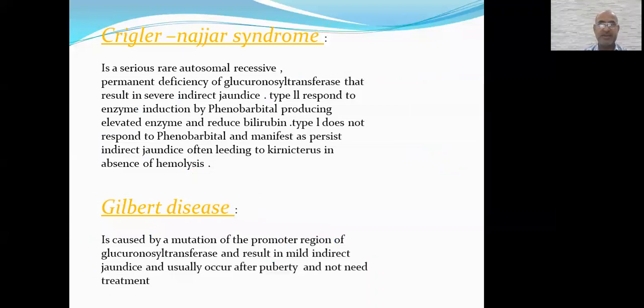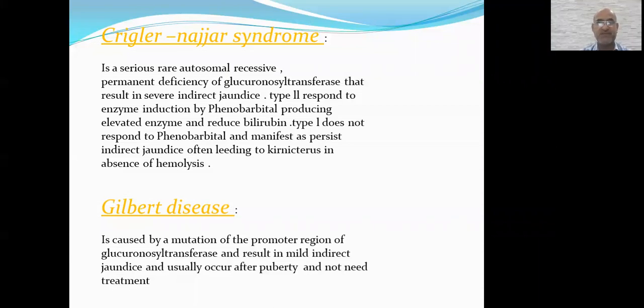A few lines about Crigler-Najjar syndrome. It's a serious, rare, autosomal recessive disease. Here we have a permanent deficiency of glucuronidase enzyme. We mentioned this enzyme and said it is an important enzyme that converts the indirect bilirubin in the liver to the direct one to be easily excreted and prevent the most serious sequela of jaundice, kernicterus.